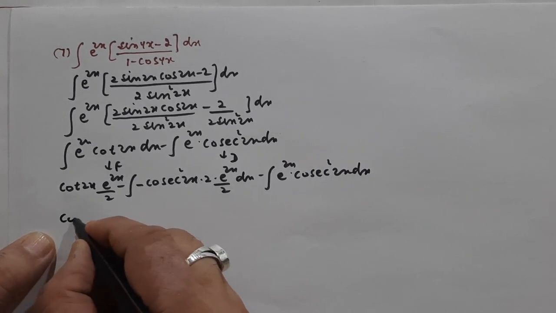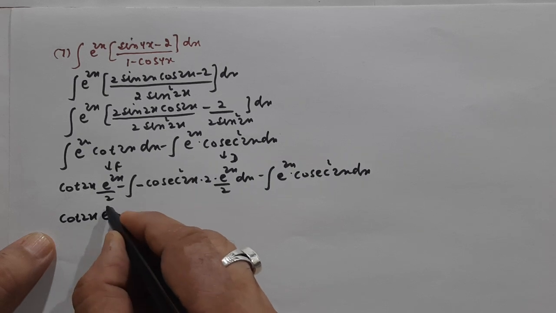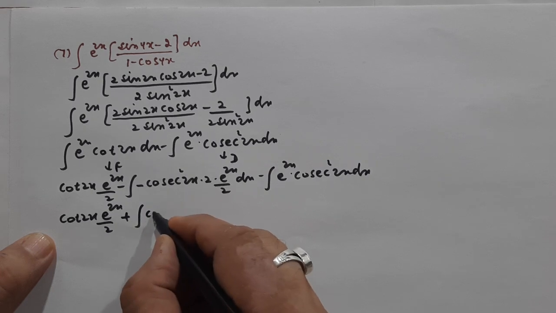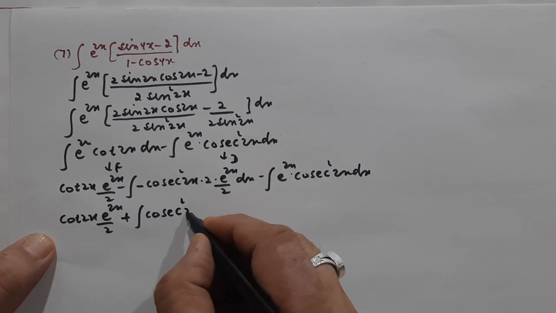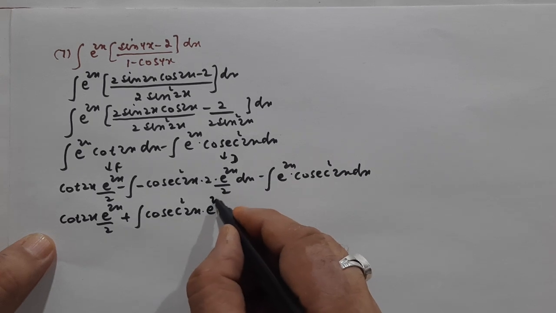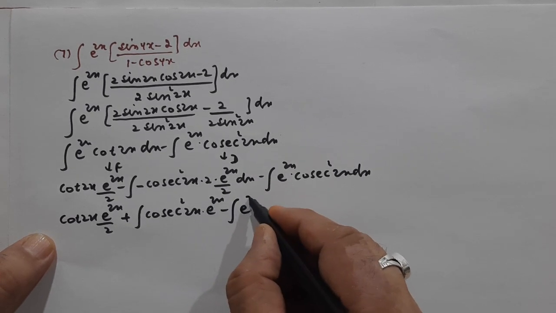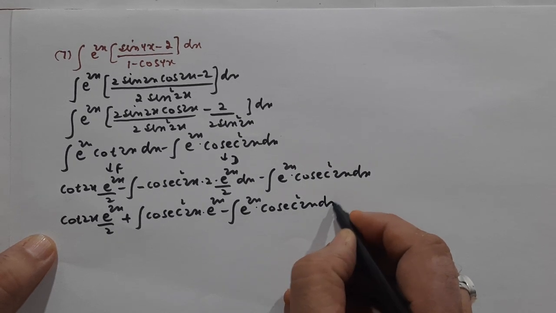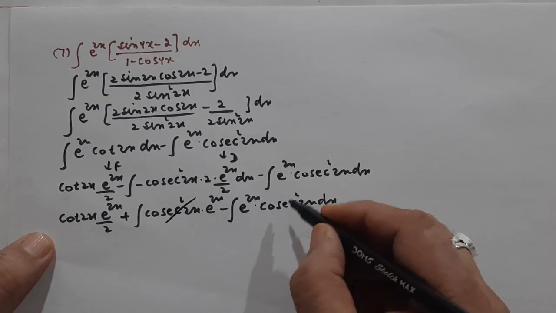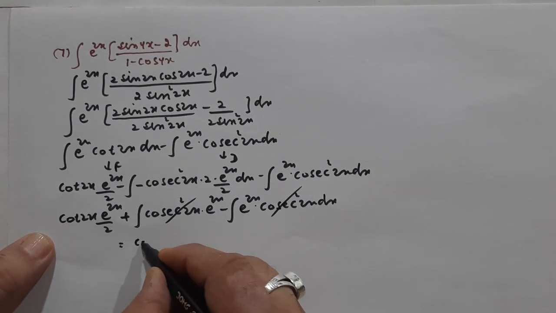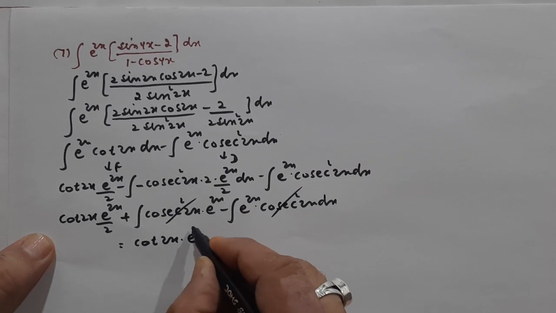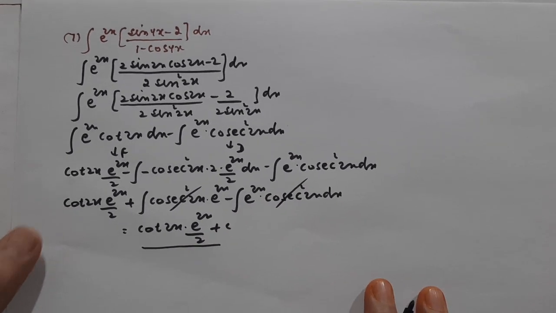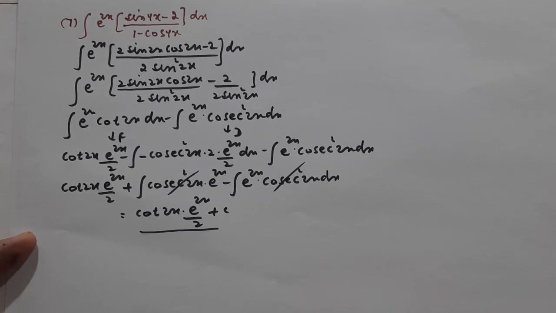So on solving it further we get cot 2x e power 2x upon 2 plus integral of cosecant square 2x into e power 2x minus e power 2x into cosecant square 2x dx, like this. So cancel this factor with this factor. So we get cot 2x into e power 2x upon 2 plus c. So students, this is the solution of this question.